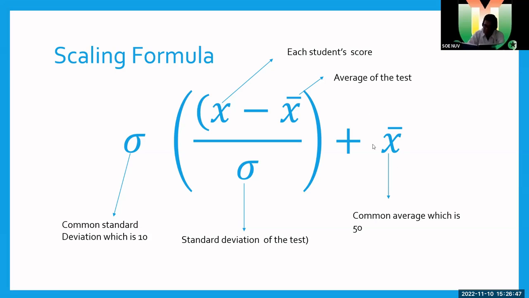The last one, another average symbol, is the common average, which will be 50, just like the common standard deviation of 10. These two values do not change within this formula.